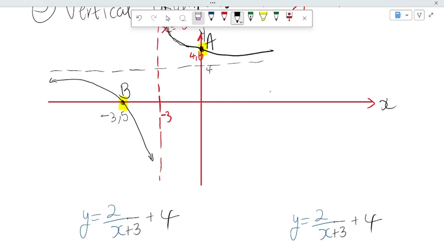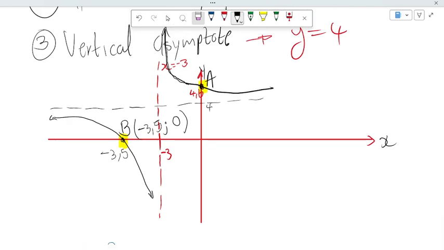That point there, right? So the coordinates for B are negative 3.5, 0. And then for A, x is 0, y is 4.6.